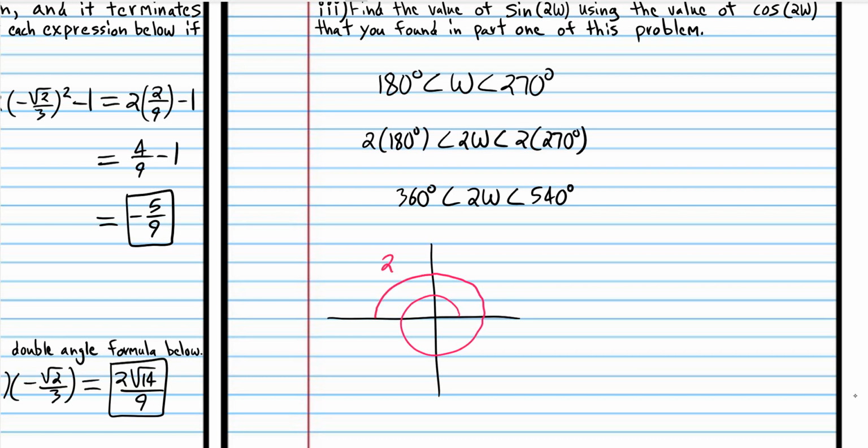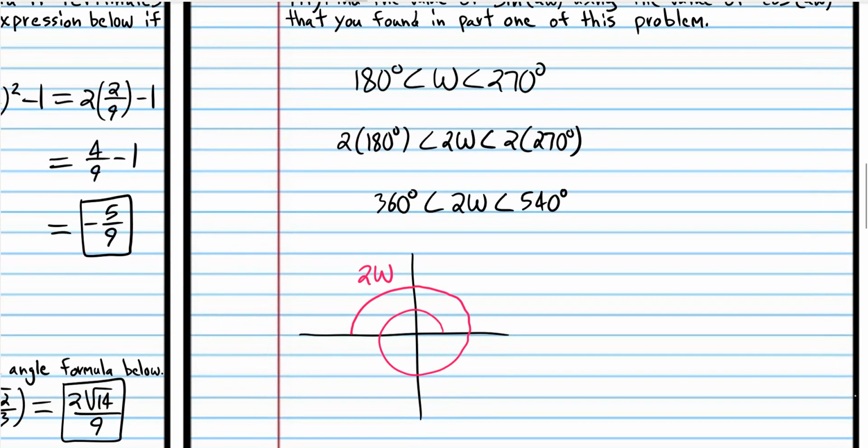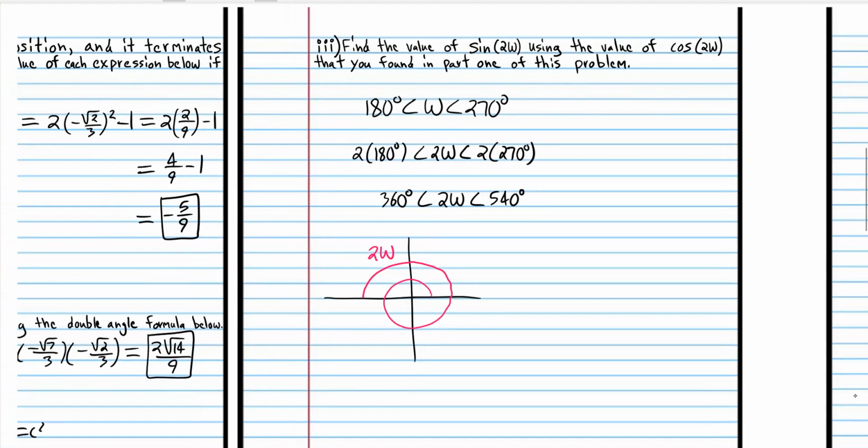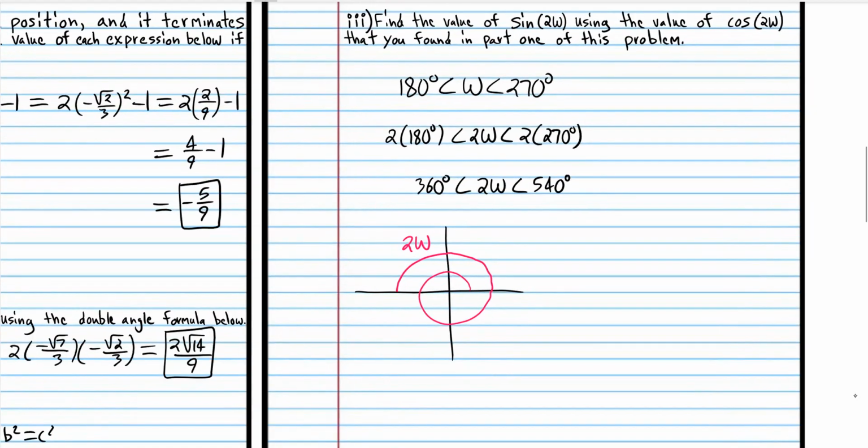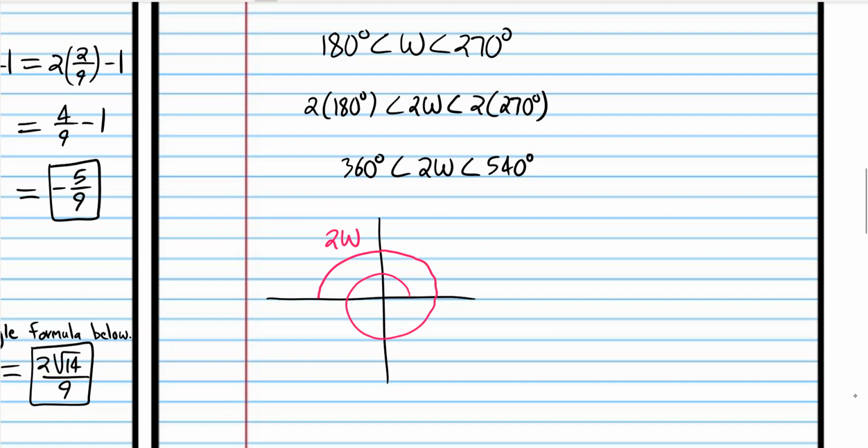So 2 omega is going to be between 360 and 540, again the first and second quadrants. Now cosine 2 omega is negative, so that means it can't be in the first quadrant. It's got to be in the second quadrant. So I'm going to move that back a little bit and make a hypothetical triangle.